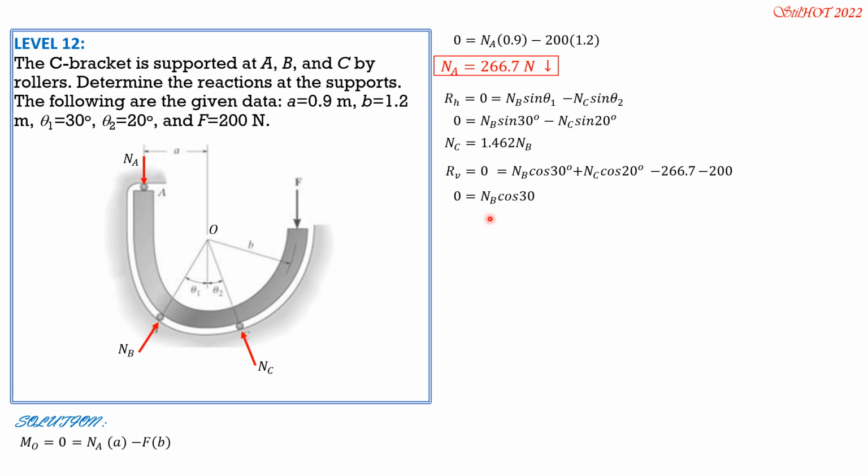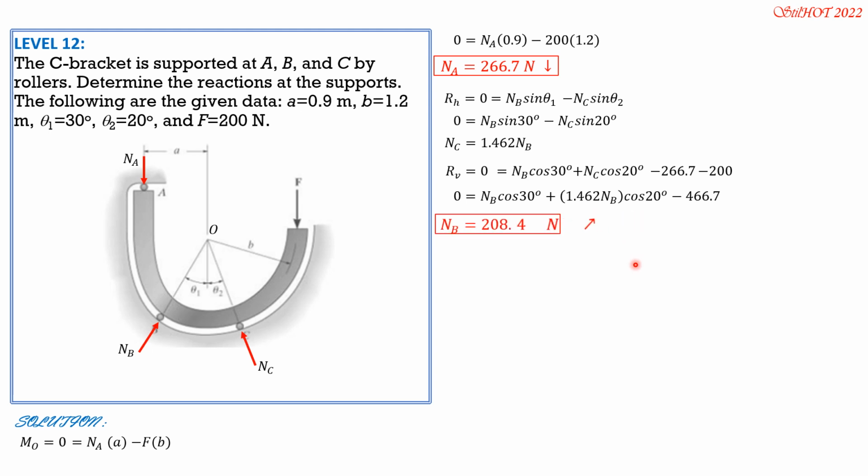So 0 equals NB cosine 30 degrees plus 1.462 NB times cosine 20 degrees minus 466.7. Combining these two, NB is 466.7 divided by quantity cosine 30 plus 1.462 cosine 20.